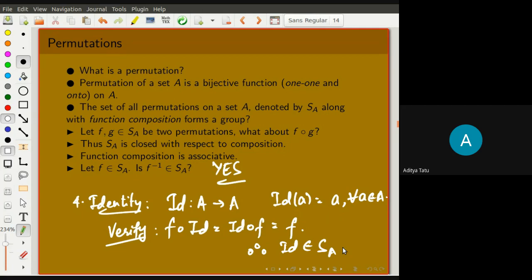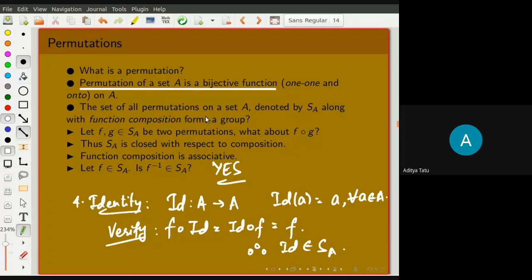Any doubts? Excuse me, sir. Yes, go ahead. Sir, I did not get why it has to be a bijection to be a part of that group. Why? Because what is a permutation? It is a bijection, right?